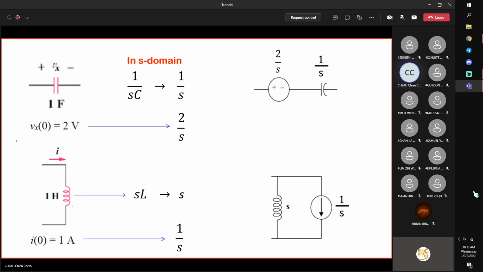All right, so here I'm explaining to you how to remember the circuit models in an easier way. You have to remember this 1 over sC, sL, and initial voltage becomes initial voltage divided by s, initial current becomes initial current divided by s. And this one will be series, this one will be parallel.